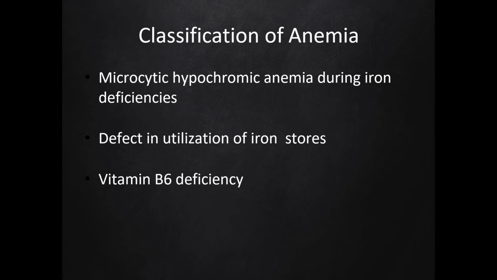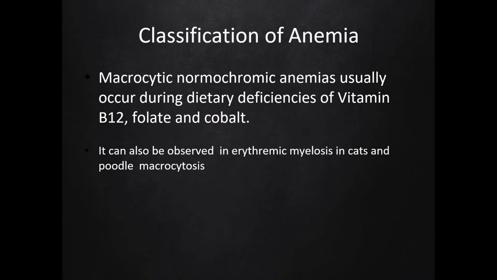Whereas in macrocytic, meaning the red blood cell is large, normochromic anemias, usually the deficiency is B12, folate, and cobalt.